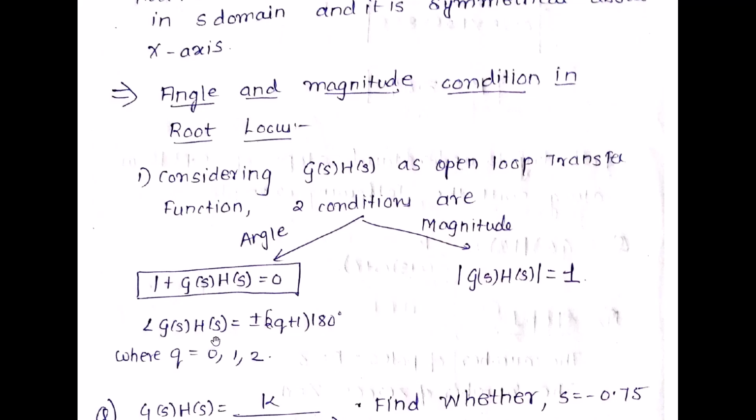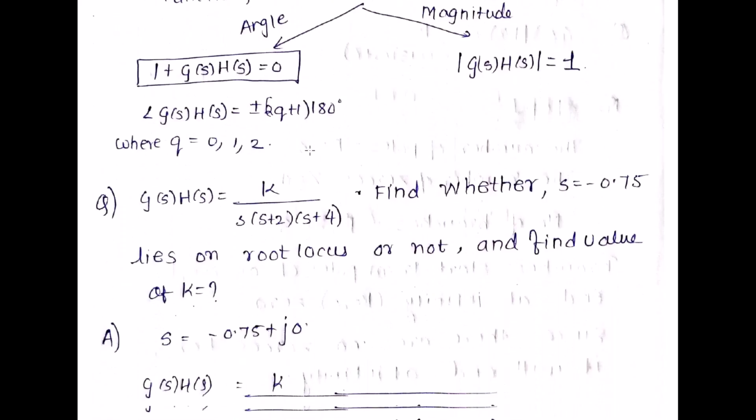The angle is going to be an odd multiple of 180 degrees, wherein you will have plus or minus 180 degrees, plus or minus 540 degrees, plus or minus 900 degrees, and so on. And the magnitude is going to be equal to 1. So let us apply this concept of angle and magnitude condition of root locus onto a numerical, wherein you will have a better understanding about it.